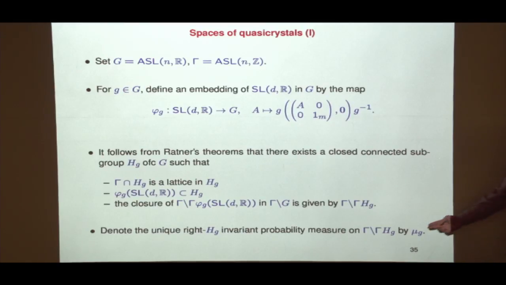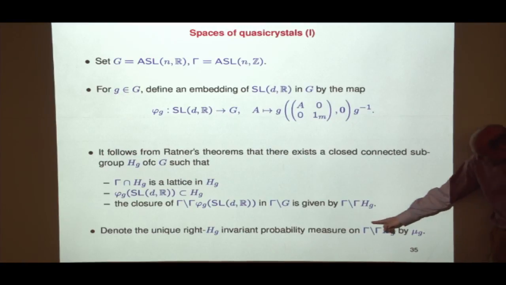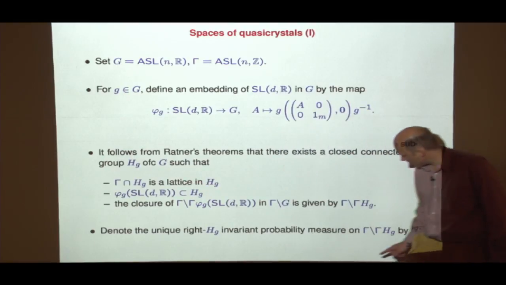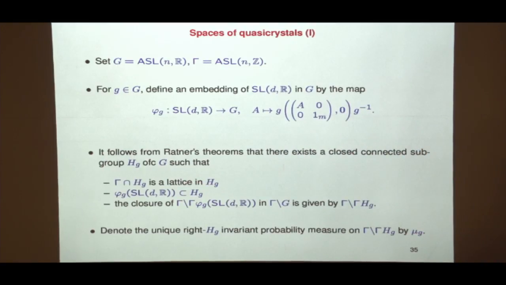And now we use the Haar measure of our group H_g, and we find that it's a probability measure on this. I mentioned this before. One can show, and that's what Ratner says, that indeed this thing is a lattice in here, which means that there's a finite measure, and that comes from the Haar measure on H_g. So that's observation number 1.